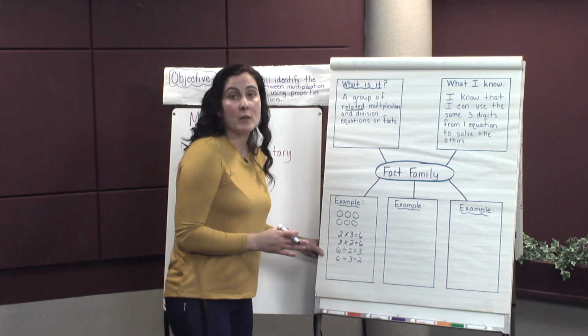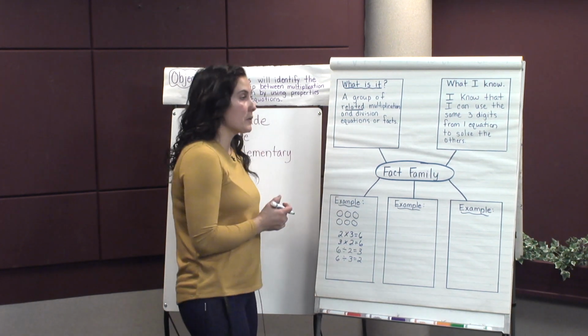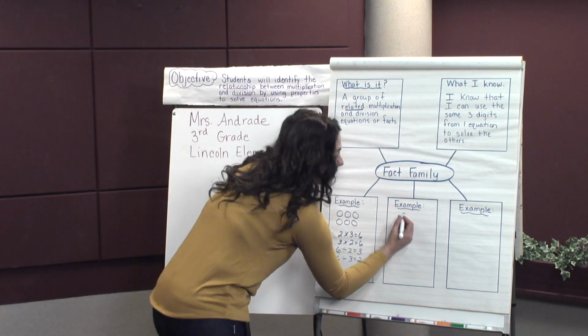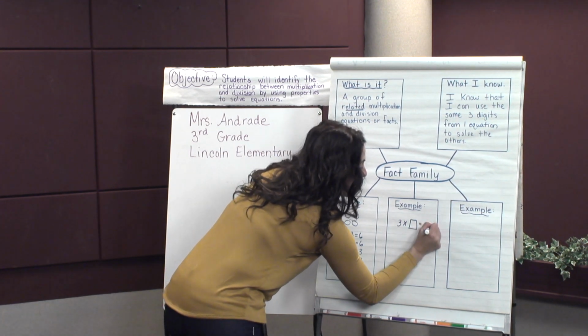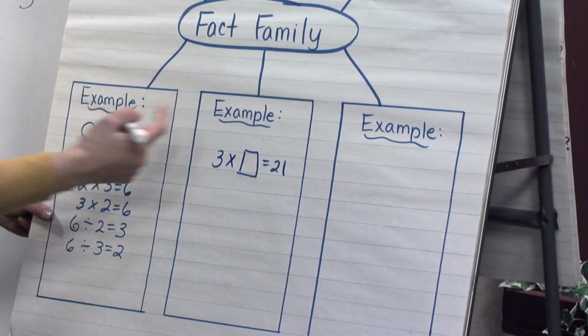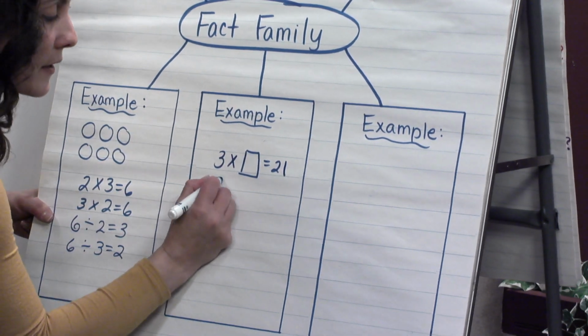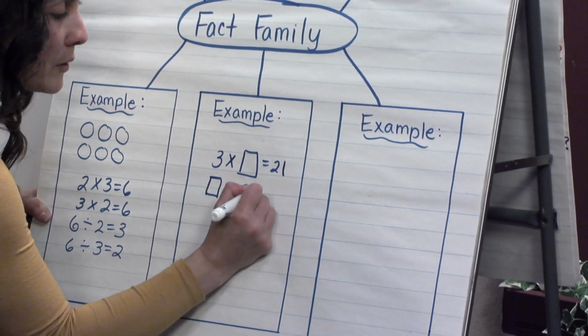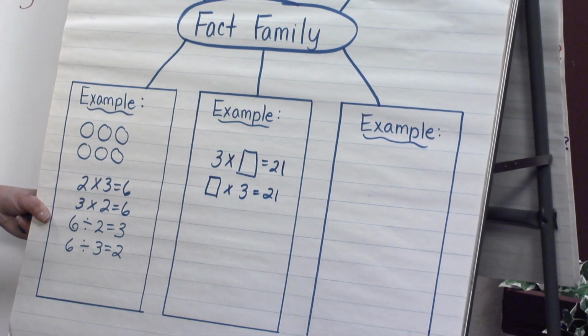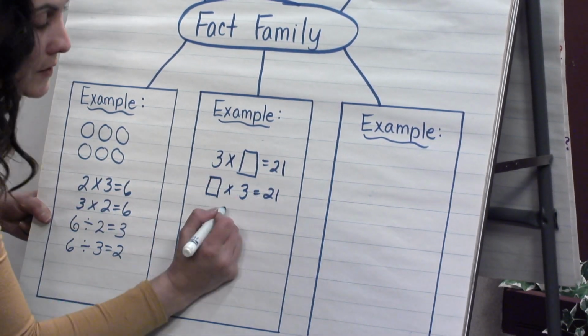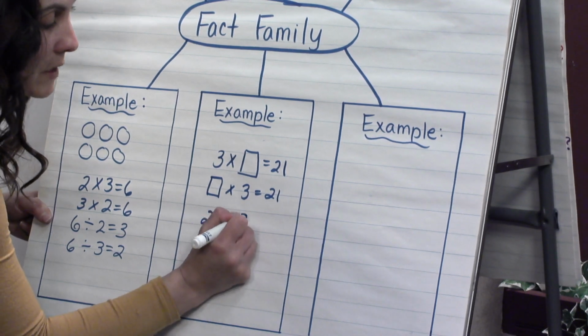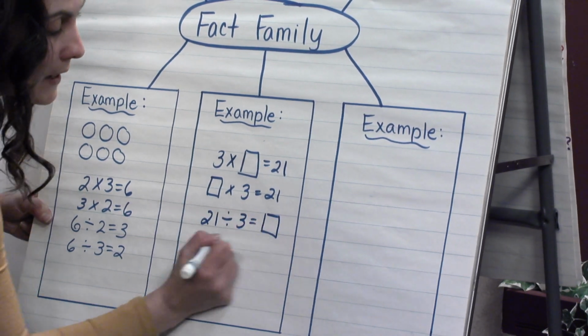Another example that we talked about was missing numbers. So for example, if I gave you an equation, 3 times blank equals 21, I know I could swap those. That blank times 3 would equal 21. I could write a division. Start with your product. 21 divided by 3 equals blank.